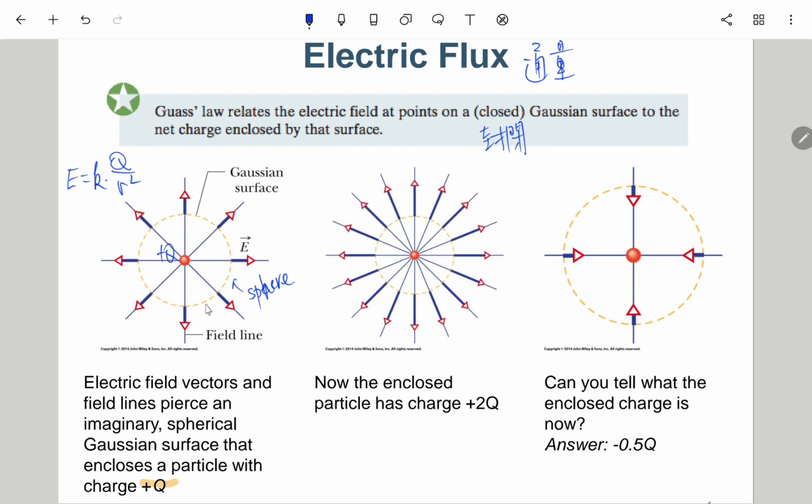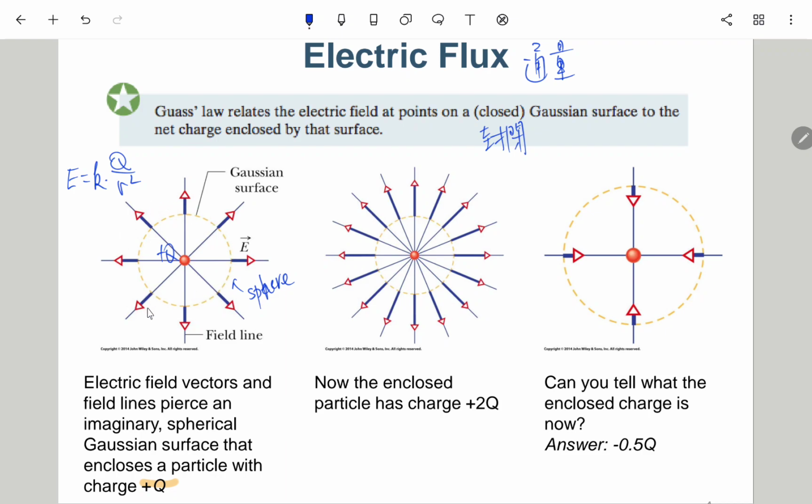Actually, this sphere does not physically exist; it's just an imaginary shape. It's not a real sphere there, just an imagined spherical surface. Here we will try to observe how many E field lines go through this sphere.